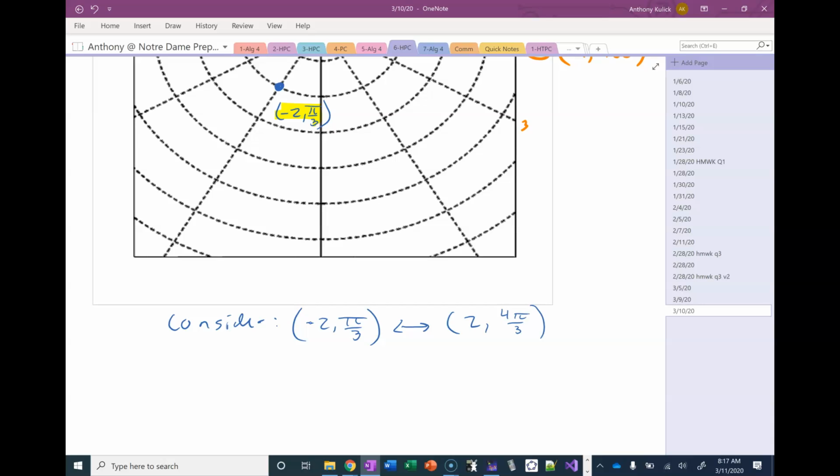Does anybody think of a way to get a different ordered pair that's still describing the same location where it still starts with -2? -2, 60? Oh, -2 comma 60?